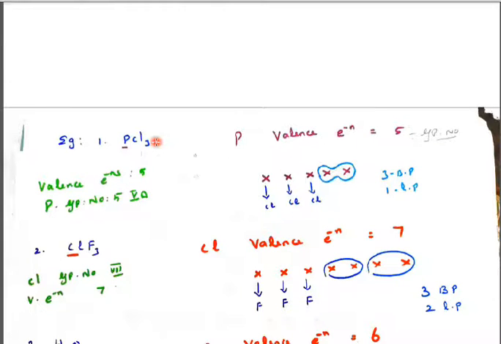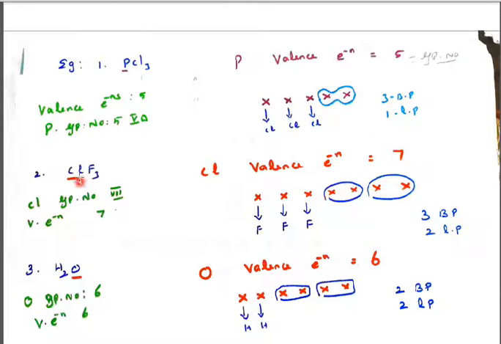Chlorine valency is 1, so the combining power is only 1. One electron is taken by each of the 3 chlorines that combine, leaving 2 electrons. That is considered a lone pair. These are bond pairs. So it has 3 bond pairs and 1 lone pair.